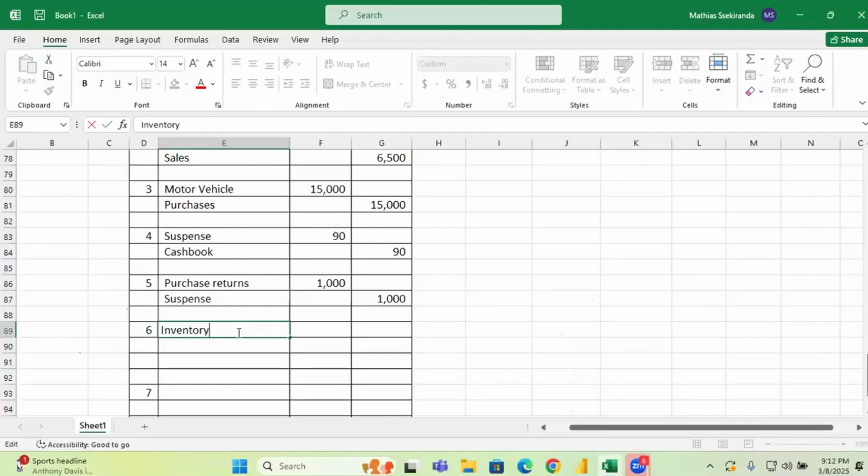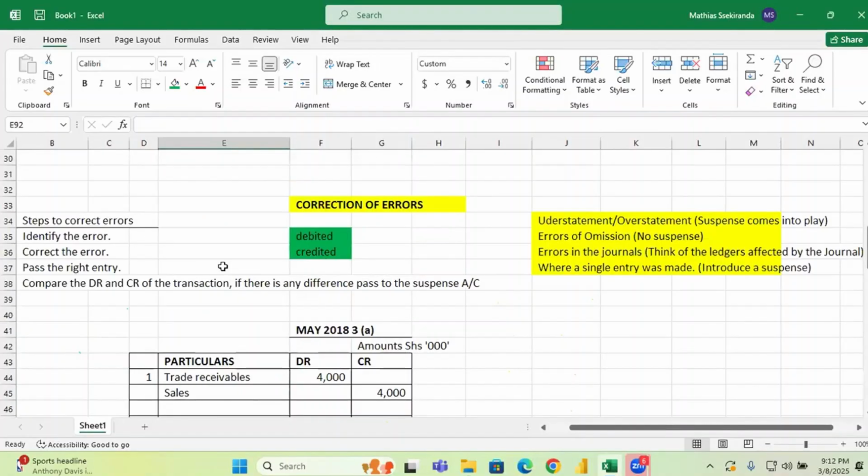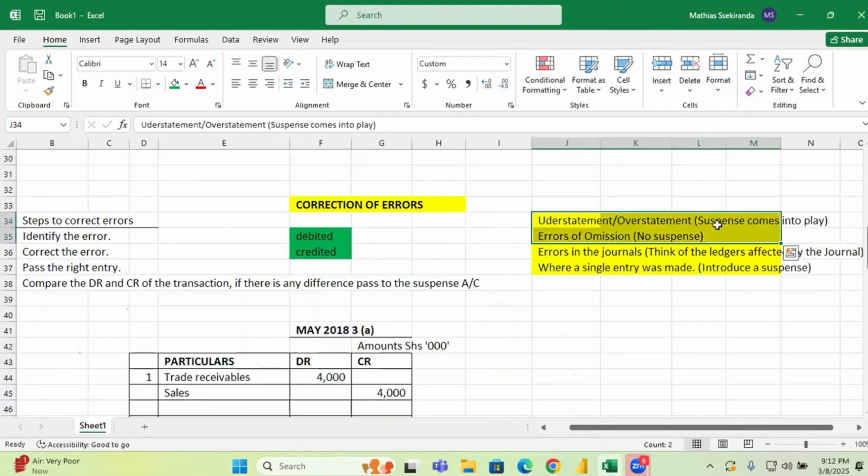You realize that most of the errors in this number, we are not even following the steps because most of them fall under understatements, overstatements, understatements, overstatement, and single entry.